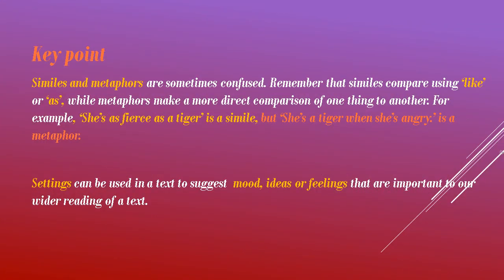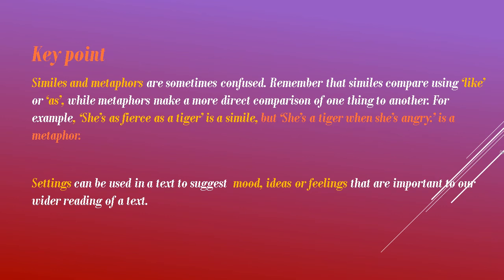So here is the key point. Similes and metaphors are sometimes confused. Remember that similes compare things using the word 'like' or 'as', while metaphors make a more direct comparison of one thing to another. For example, she is as fierce as a tiger.